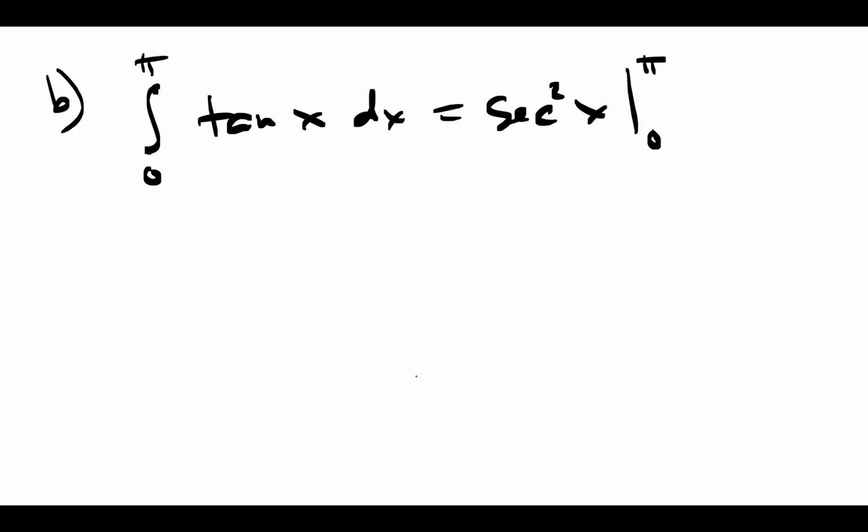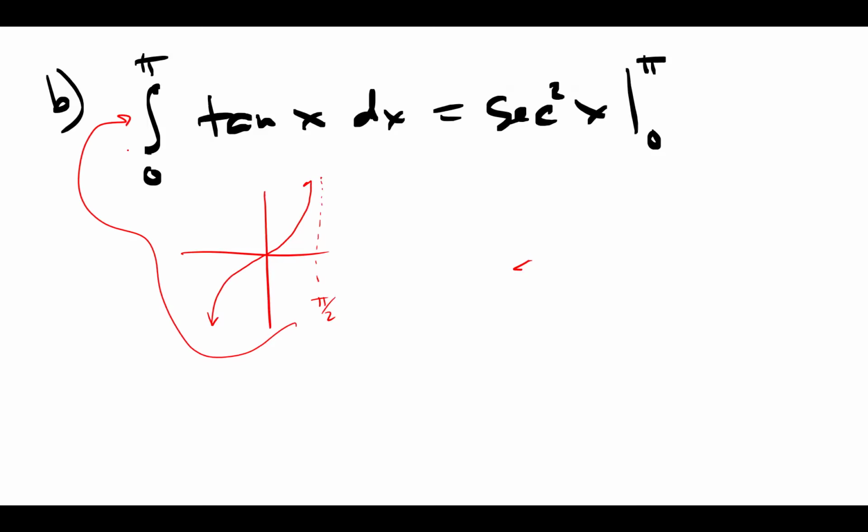Oh yeah, because it goes all the way up. Yes. So this one actually, I think, has two problems, but let's take a look at the second problem. First things first, tangent. If you look at a tangent graph, it has a break at pi over 2, which is exactly inside here, between 0 and pi.